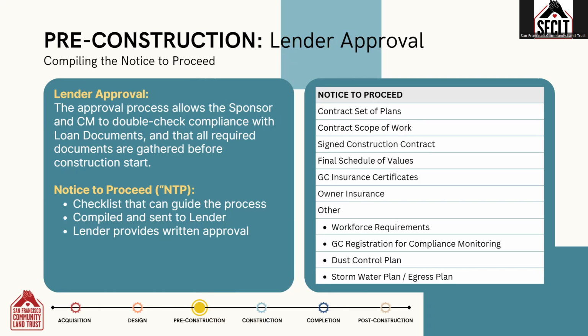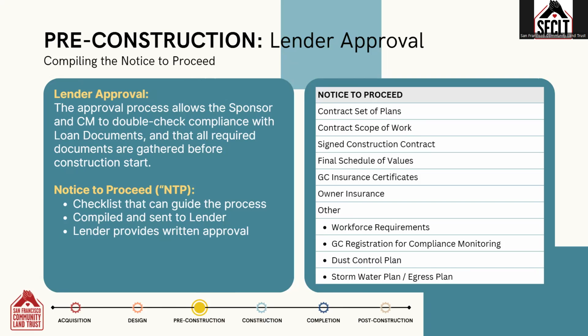A notice to proceed checklist typically includes the items that are listed here. The construction documents, including the set of plans, the scope of work, the signed construction contract, the schedule of values, copies of the contractor's insurance certificates and the owner's insurance certificates. And depending on the project type, there may be other documents required, like outlining the workforce requirements or documents that confirm the contractor's registration for compliance monitoring.